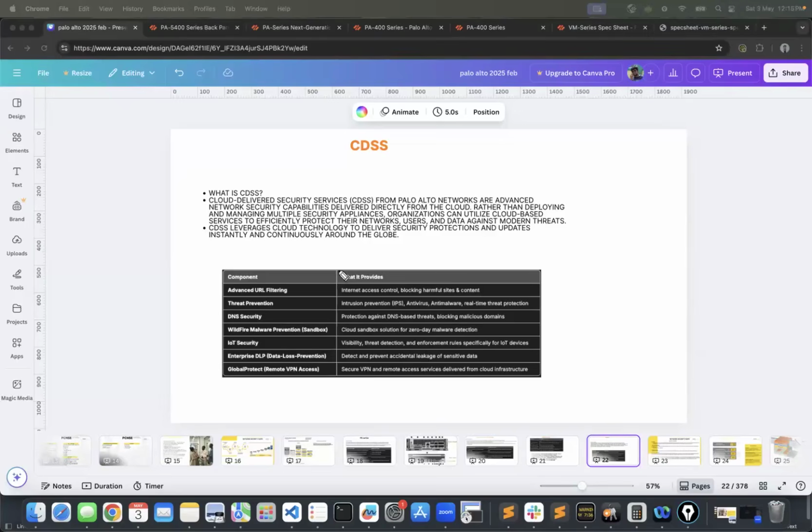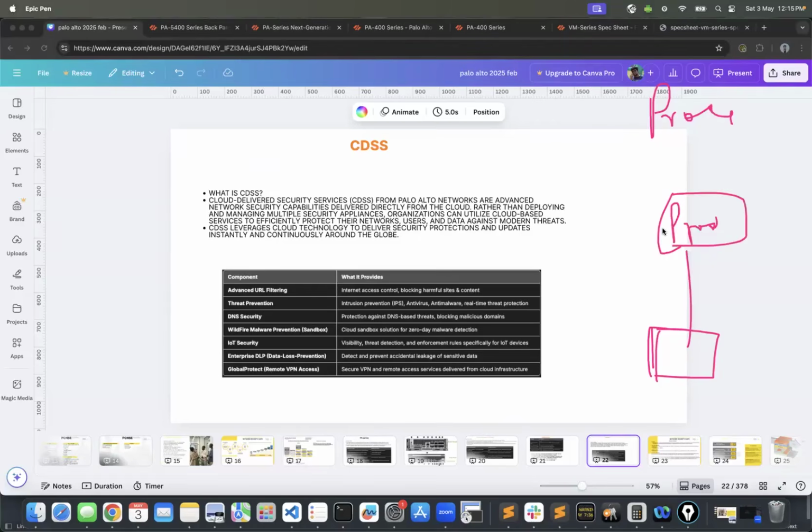CDSS is not a physical firewall or a cloud firewall or virtual firewall. It's a service. Cloud delivered security service. Let's assume in the traditional way, if you want to use a proxy, you will connect your network to some proxy device, like Blue Coat, Threat Pulse, and so many proxies.